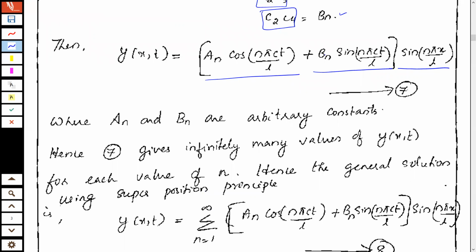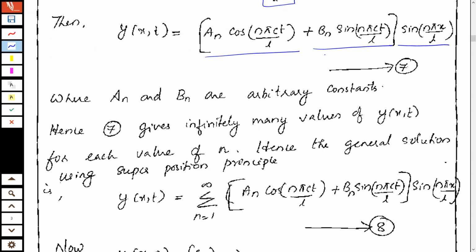To eliminate these arbitrary constants, we are using the initial conditions which are given in the problem.